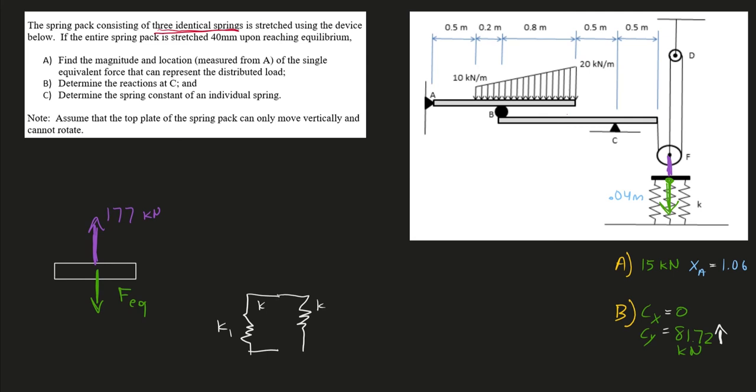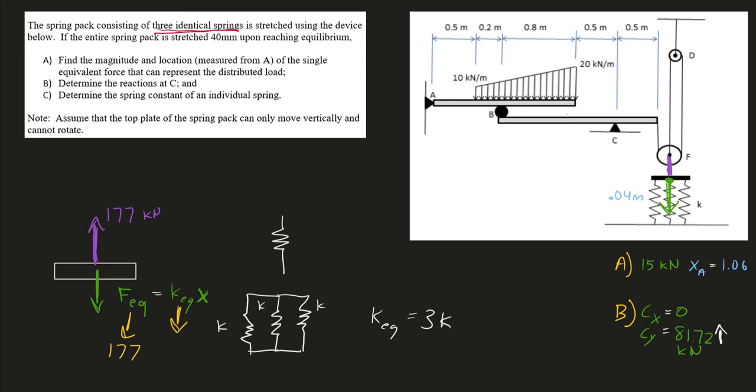They're all the same. So my equivalent spring, that one spring that represents this whole trio here, will have a stiffness of 3K. And as we know, the force of this equivalent spring will equal that equivalent spring constant times the stretch or compression of that total spring. Well, a quick sum forces in the y tells us that this equivalent force must be 177.